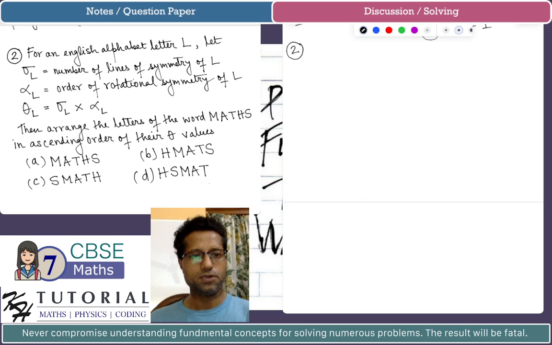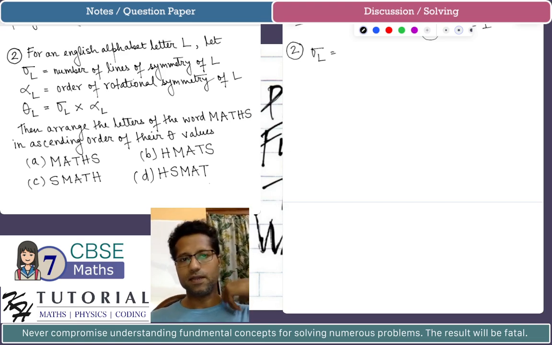The first symbol is sigma. It is known as sigma, and it is having a subscript of L. So sigma L is saying, for an English alphabet letter L, let sigma L be the number of lines of symmetry of L.